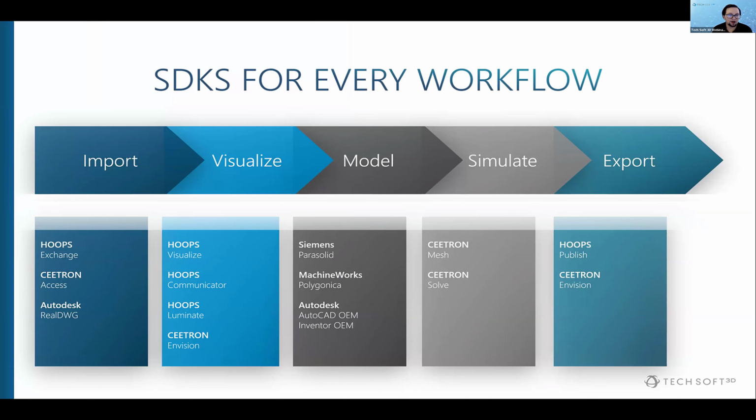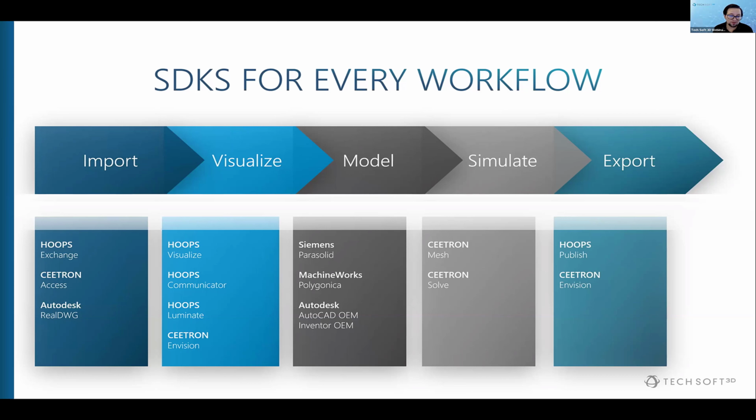Just a quick overview of our SDKs. We have a variety of SDKs, but today we will be focused on our Hoops product line. For data access and file import, you have Hoops Exchange. Our visualization SDKs are Hoops Visualize, our native 3D graphics engine, and Hoops Communicator, our web 3D graphics engine.